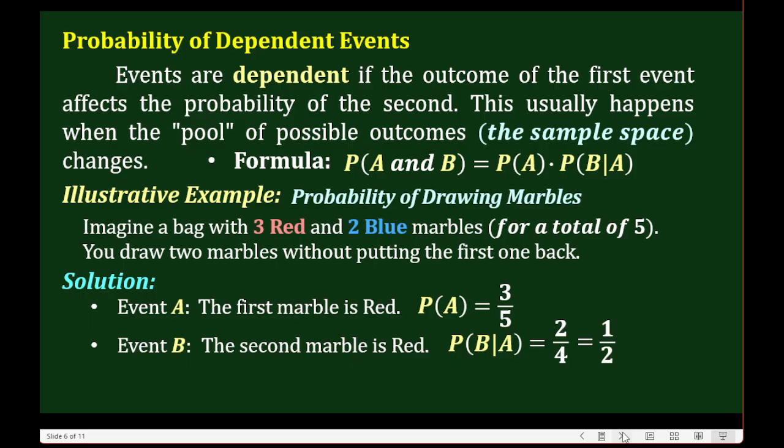Then for the combined probability, that is simply following the formula, the product of picking the first marble, which is P of A, and picking the second red marble, wherein the first marble is not returned.